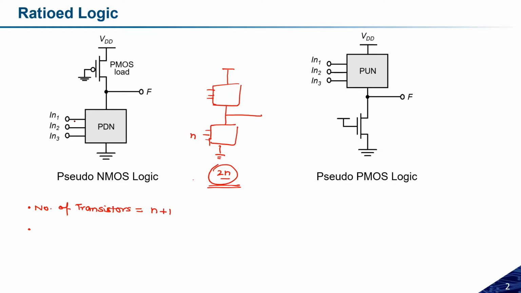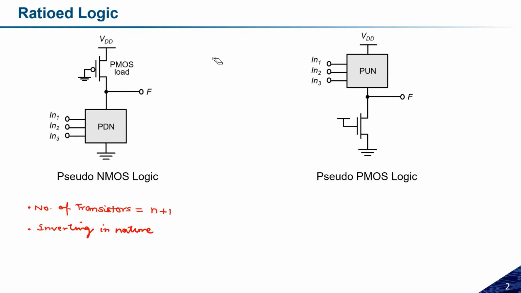So let me write it here: inverting in nature means we can implement either an inverter or a NAND gate or a NOR gate. Yes, this is also applicable to the CMOS based structure, where the nature of the circuit was also inverting. So this is what ratioed logic is.